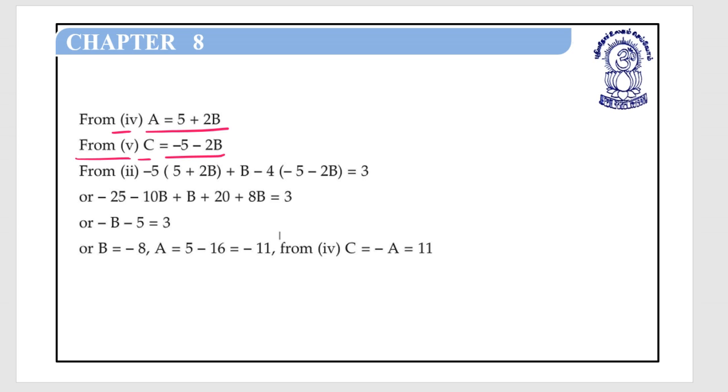So from equation 2, put the values of A and C: minus 5 into (5 plus 2B) plus B minus 4 into (minus 5 minus 2B) is equal to 3. So minus 25 minus 10B plus 20 plus 8B is equal to 3. So minus B minus 5 is equal to 3. So B is equal to minus 8, A is equal to minus 11, and C becomes minus A, which is equal to 11. Okay.